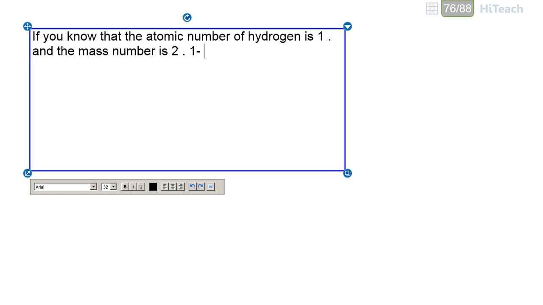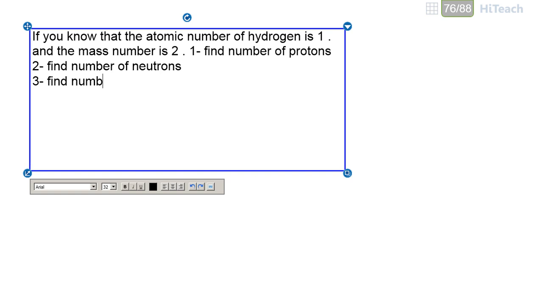The first thing I need: 1. Find the number of protons. 2. Find the number of neutrons. 3. Find the number of electrons. Let's solve it together.